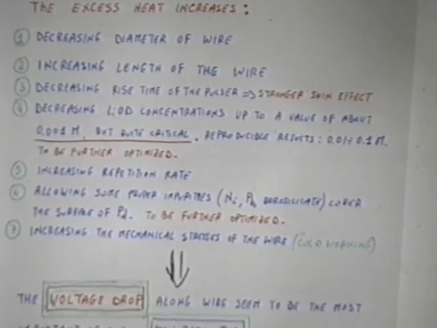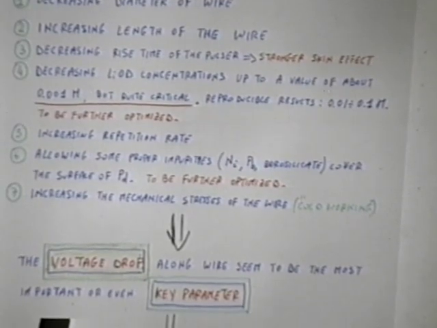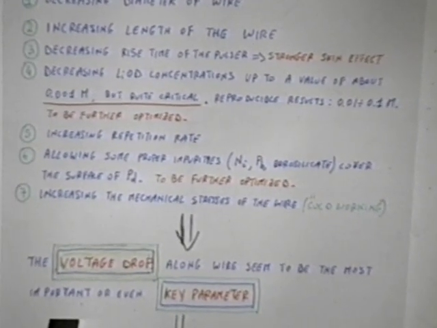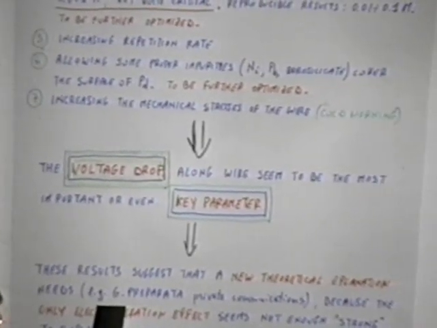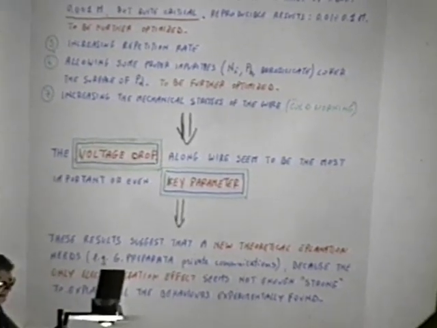So, overall behavior of what we have seen. The point is decreasing diameter of the wire, increasing length, decreasing rise time, and so on. The main factor seems the voltage drop along the wire. The theory of Preparata about this point, and some communication, do we have the same idea?